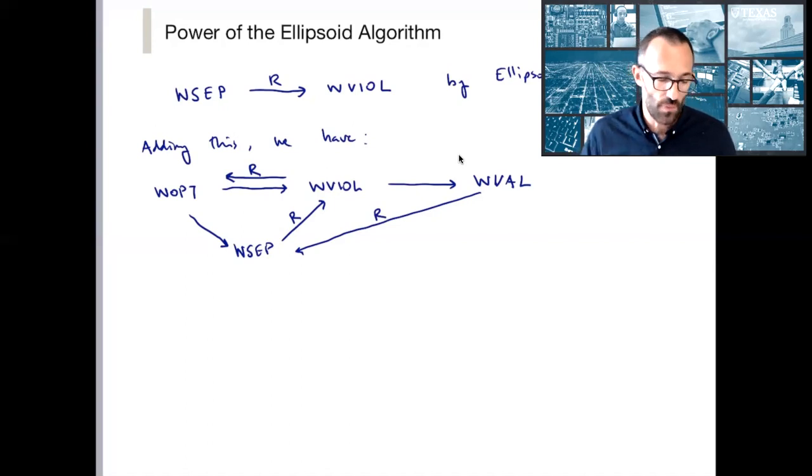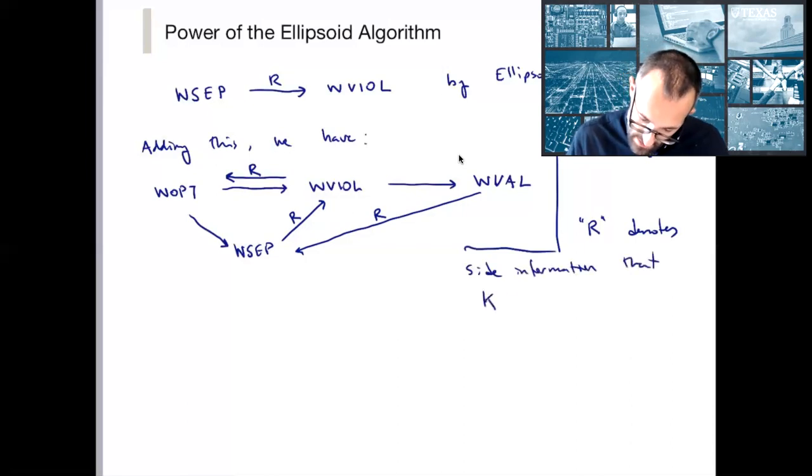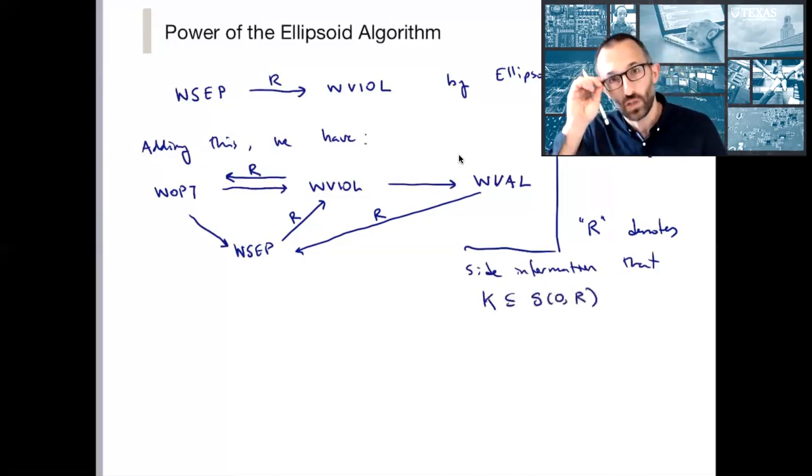So basically what this tells us is, let me write explicitly here, R denotes the side information that K is contained in a unit ball of radius R around the origin.